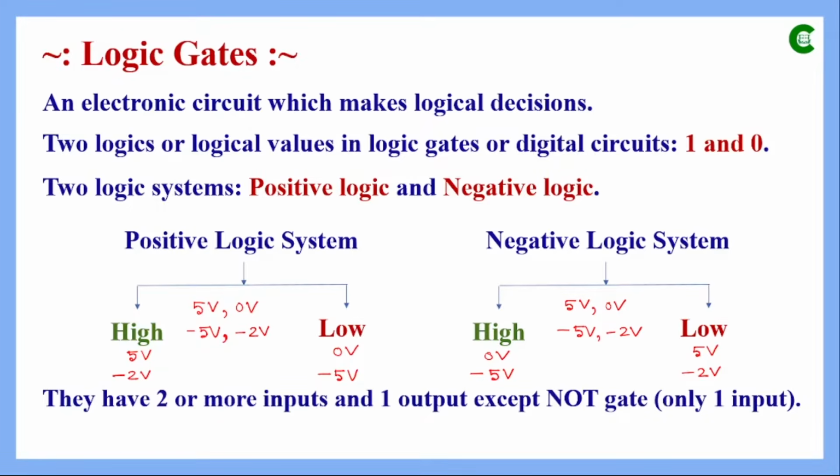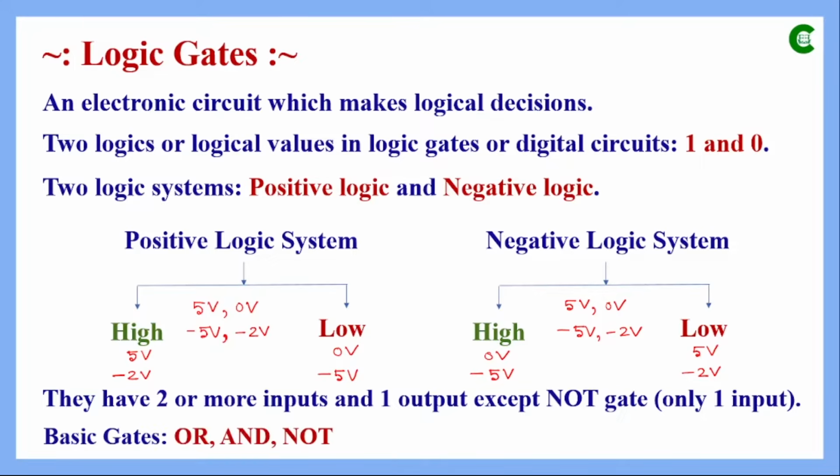Now mostly in our logic gates, we will see that there are two inputs or more than two inputs. There is one specific logic gate where we have only one input and that is the NOT gate, and that will be explained in more detail a little later. And always from those logic gates we have only one output.